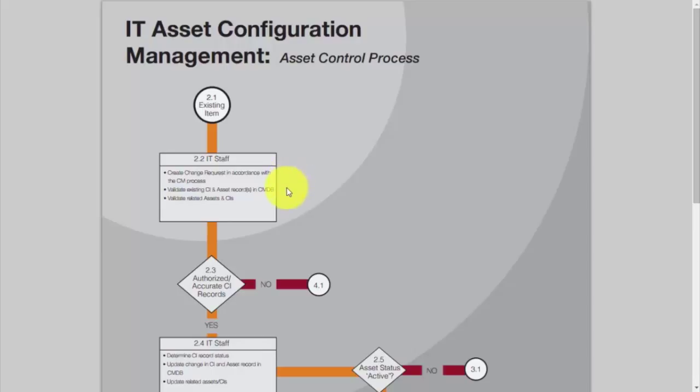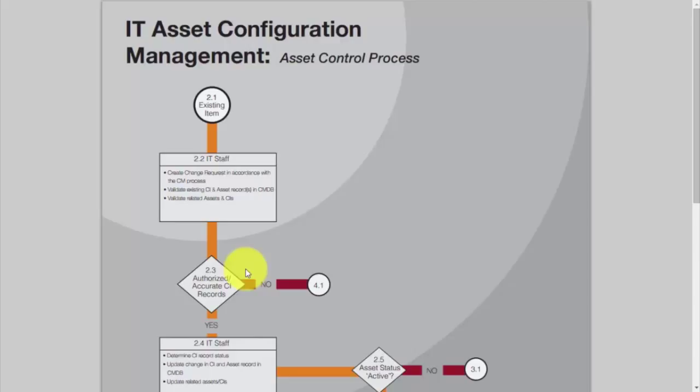The IT staff is also responsible for validating the existing configuration item and asset records in the Configuration Management database, as well as identifying and validating related assets and configuration items. Step 3 determines the authorization and accuracy of the configuration item and asset records.